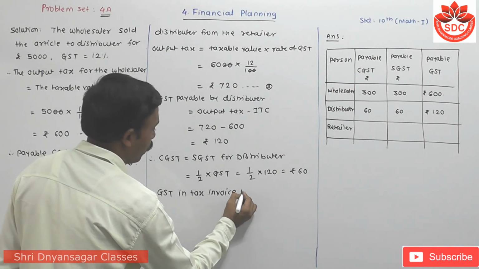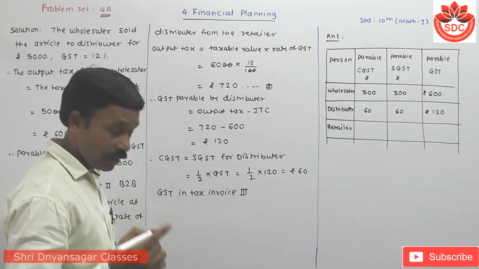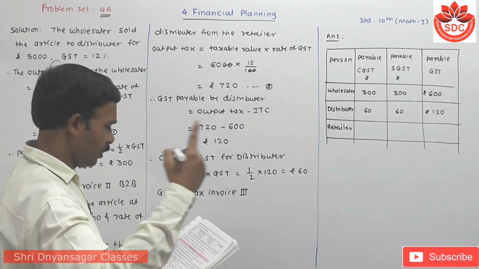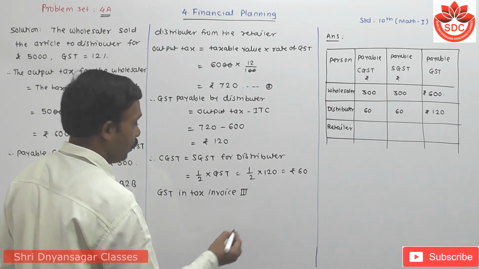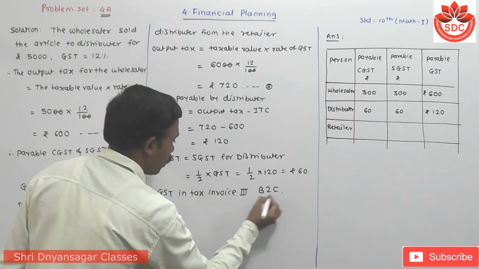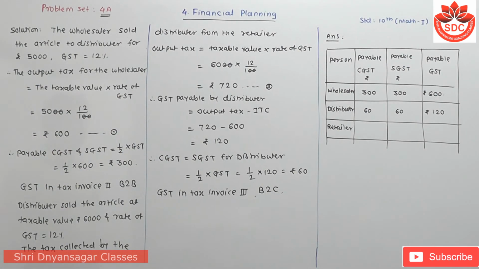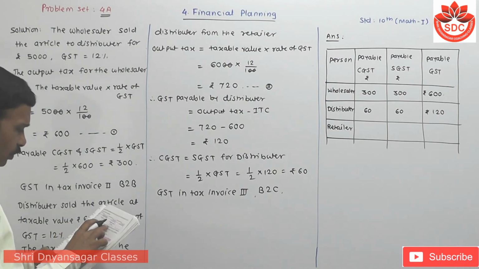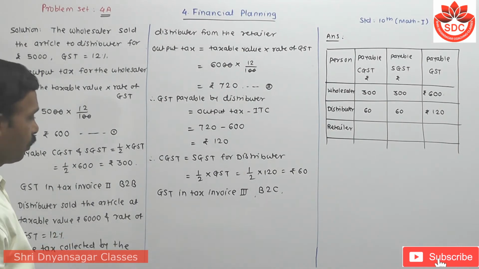Invoice third. Now in this third invoice, the retailer sold it to the consumer, which means B2C. Therefore, the retailer sold the article at 6,500 rupees.